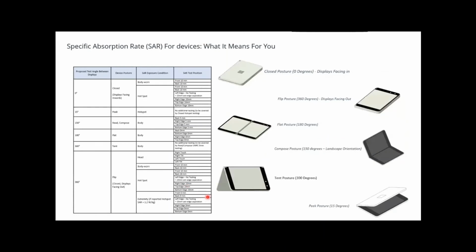And then on our foldable device, I should say, our device is a unique thing where it does all these different postures. So you can see all these different postures here. It looks like a phone in some cases, and in other cases it looks like a tablet. This is why we took a long time developing these devices: we have to combat all the SAR cases for both.